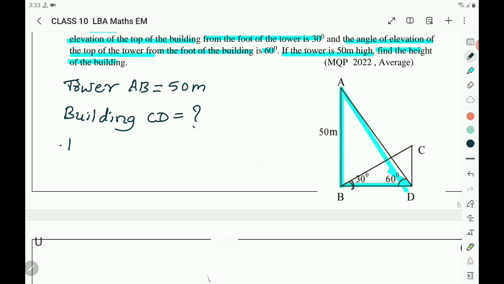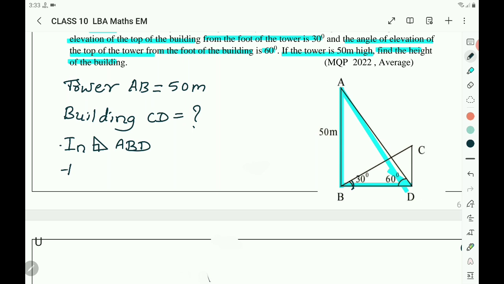So take in right angle triangle ABD. Here angle ABD is a right angle, AD is the hypotenuse. For this 60 degree angle, AB is the opposite side and BD is the adjacent side.